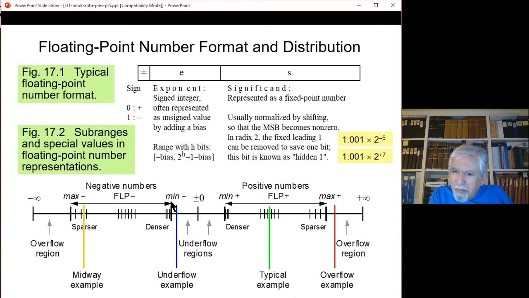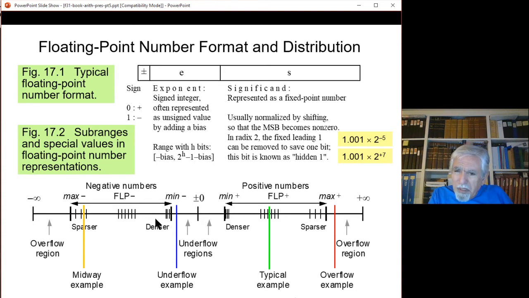On the negative side, min minus is just a mirror image of that side. Min minus is a negative number with the smallest magnitude. Max minus, and again the tick marks have greater spacing as we go towards numbers with larger magnitudes. Okay?